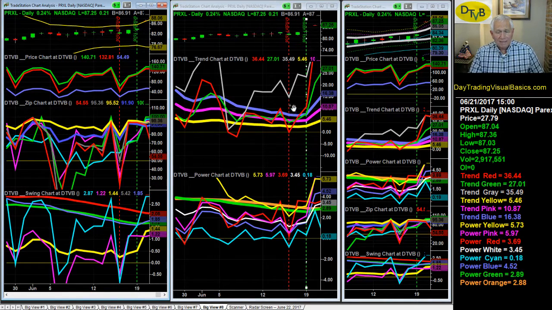Along with that, on the red vertical line, over here in the zip chart, we have a classic red spike with zip red way down at 22, zip yellow at 79. And in this particular case, we have a trend with the Zip Zion. It's continually going up.